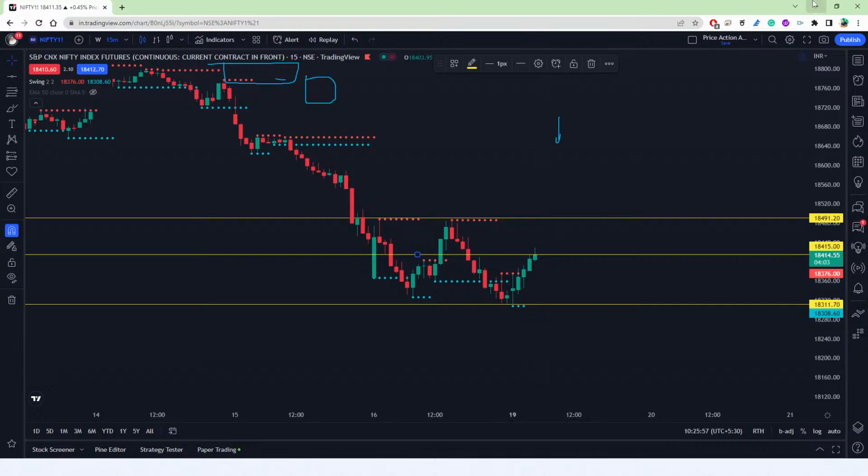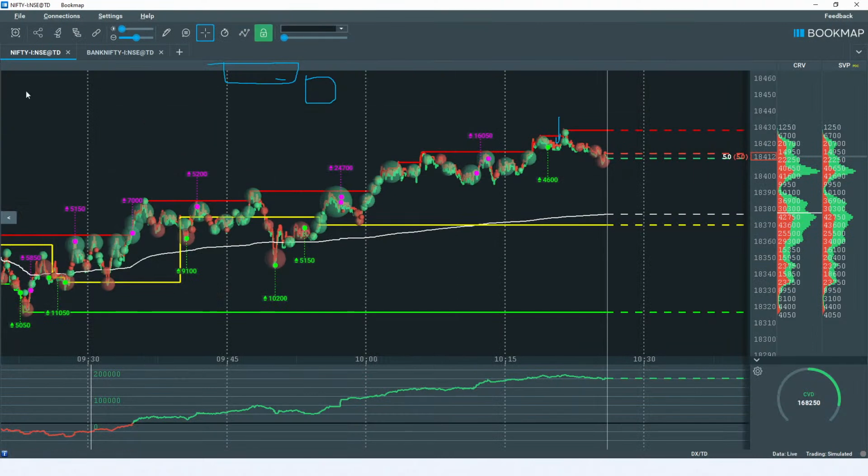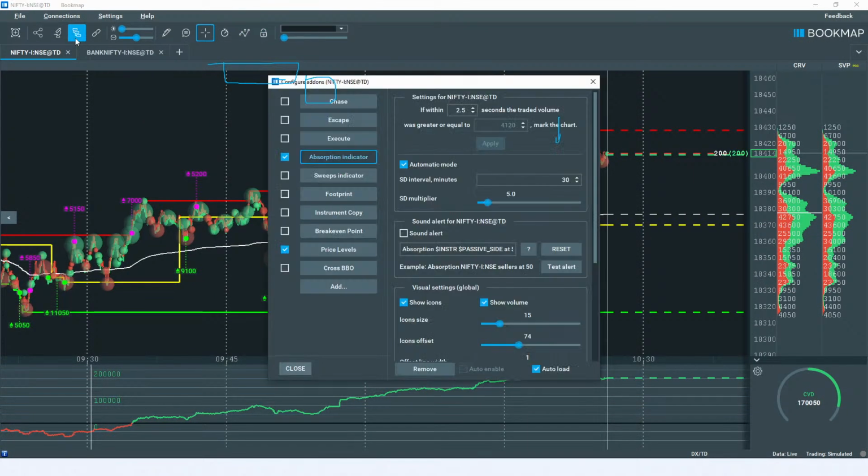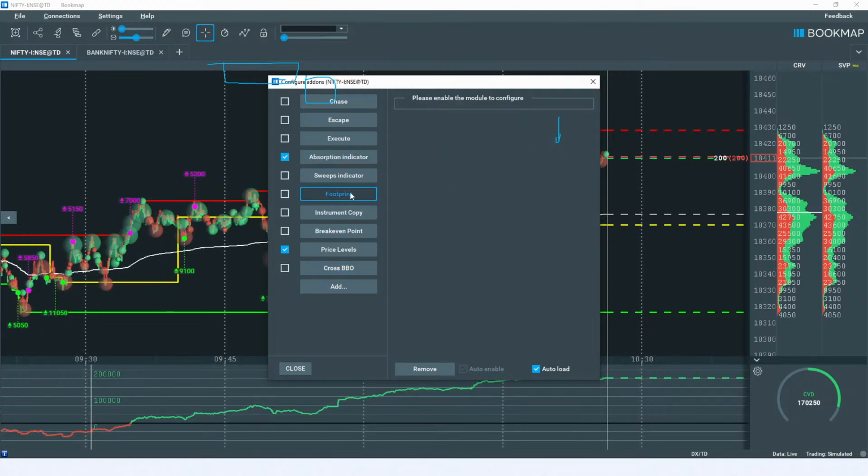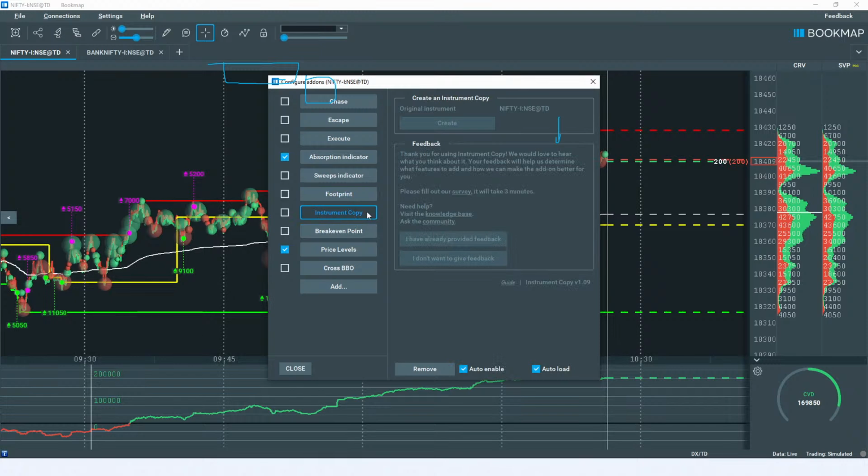Once this is clear, we will shift to this chart. I will also add the footprint and show you how that looks, and after that I will show you how to use that information to get confirmation on false breaks and breakouts. There is a footprint chart, and I don't want to plot that in this particular chart, so I will copy the instrument. This is also one of the add-ons.